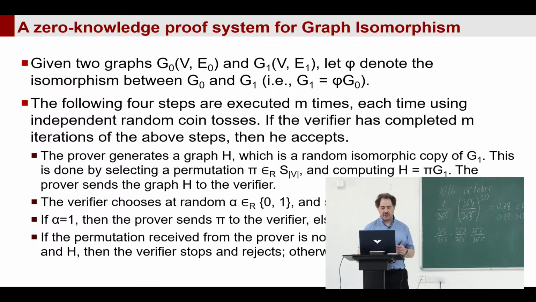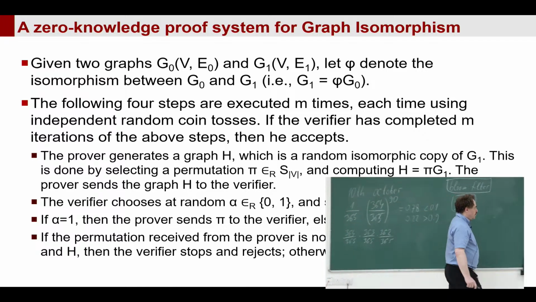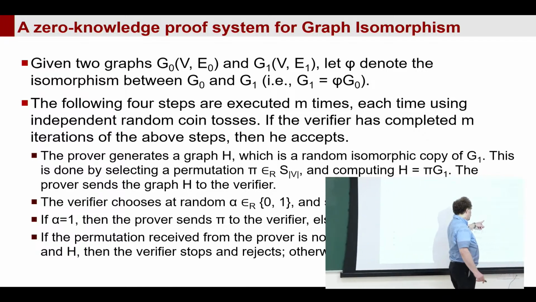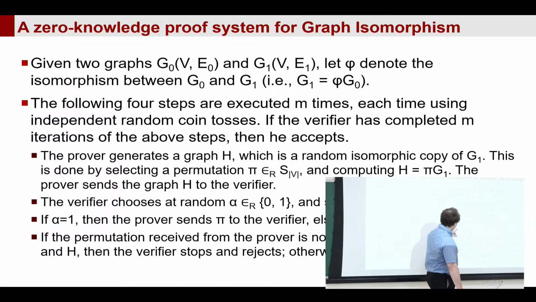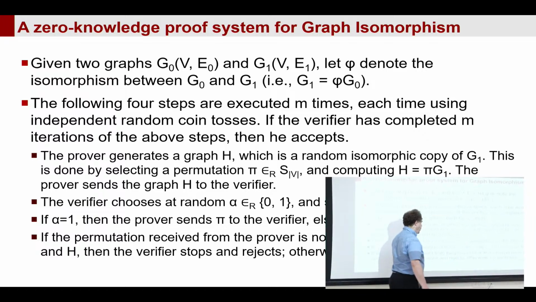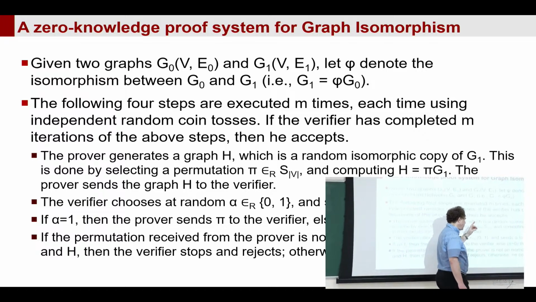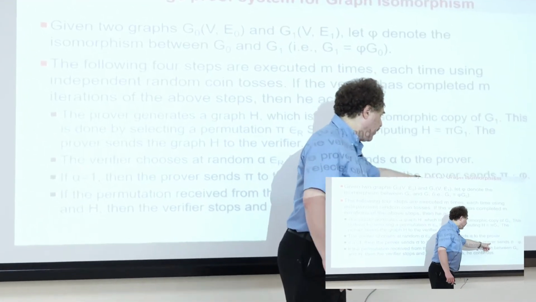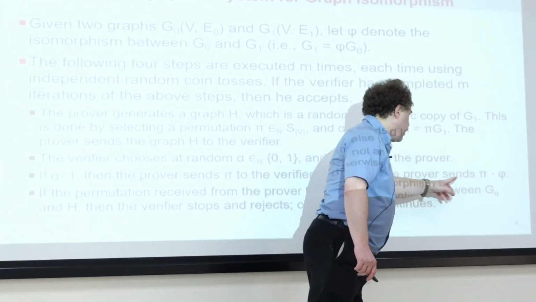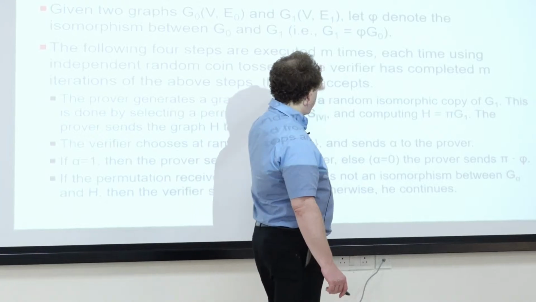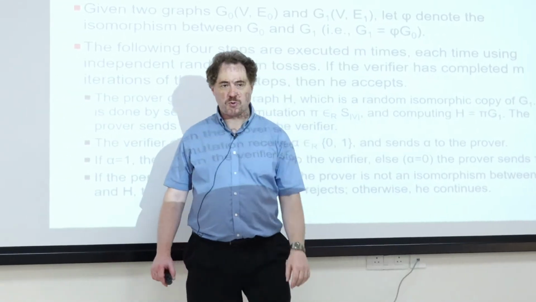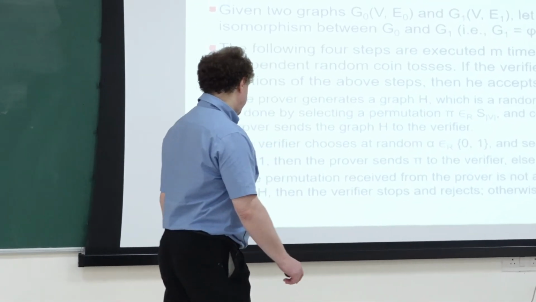Not the original permutation, not phi. Phi is the secret. It sends pi, this permutation, to the verifier. If the coefficient, however, is 0, then the prover calculates pi times phi and sends that to the verifier.